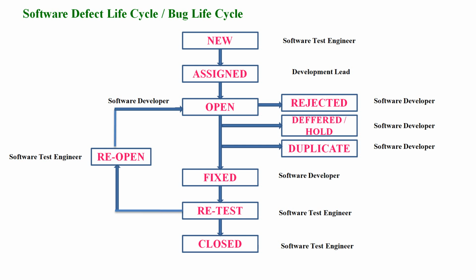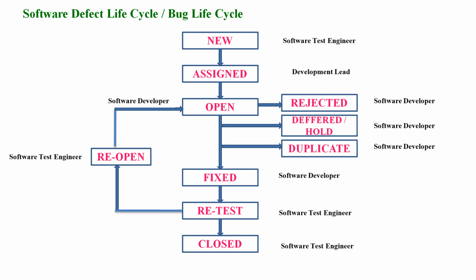That means the concerned developer will go through that defect, what is the defect and all. If really there is a defect in this particular functionality, then he will accept that defect for fixing, for rectifying. Rectifying, fixing or resolving the defect is nothing but fixing, right?